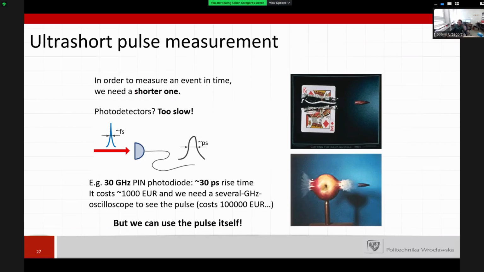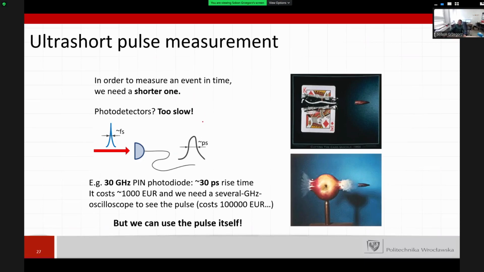Because someone may say, yeah, we have a photodetector. Why can't we just take a photodetector and shoot the pulses into the photodetector, and we will just read out the electrical signal at the output of the photodetector, and this is great. Probably you haven't seen oscilloscopes that could resolve pulses at the femtosecond scale.